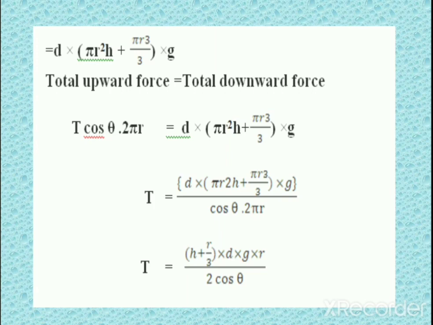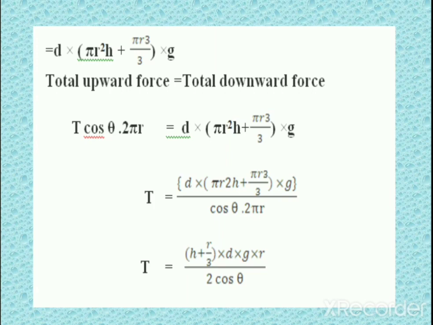So density is d, volume of the liquid in the cylinder is pi r square h, plus volume of the liquid in the meniscus, pi r cube by 3, into acceleration due to gravity g. That is the downward force.